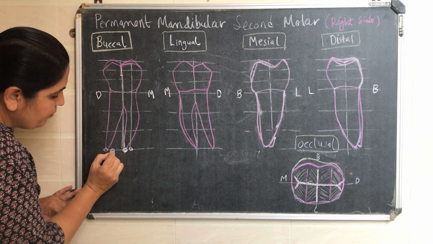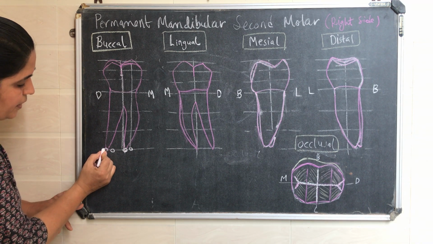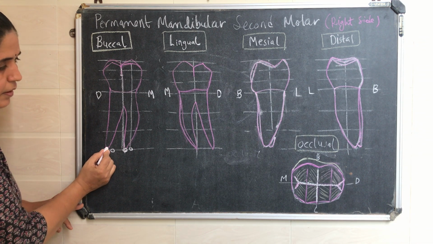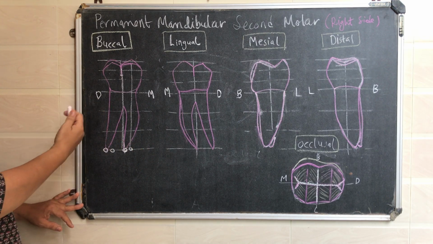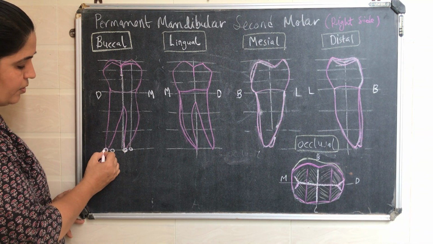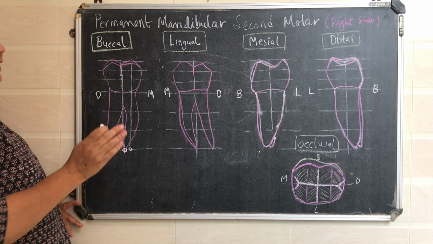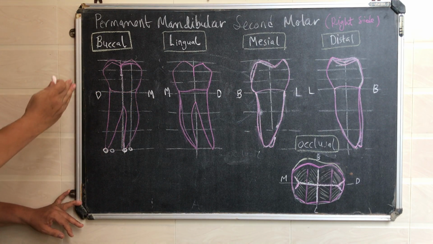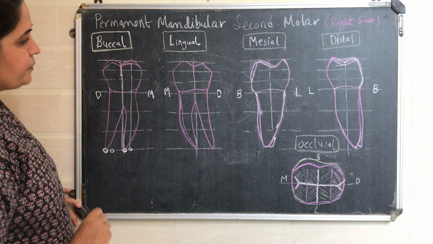The apex of the first molar will be here, then the apex of the second molar will be here. More distal shifting of the apex of the mesial root and the distal root will be there in case of second molar, and that is because of more distal inclination of the roots.